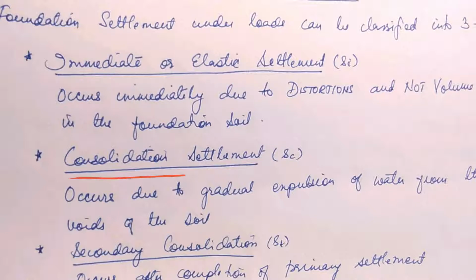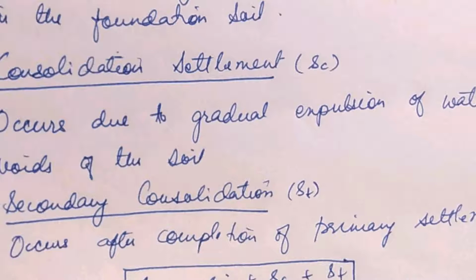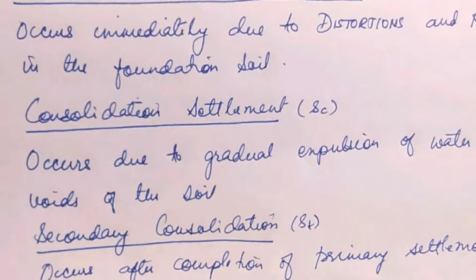Then we can have consolidation settlement SC, and there is secondary consolidation settlement which we are going to represent by ST. We have already studied about consolidation settlement in the chapter Consolidation in Soil Mechanics.